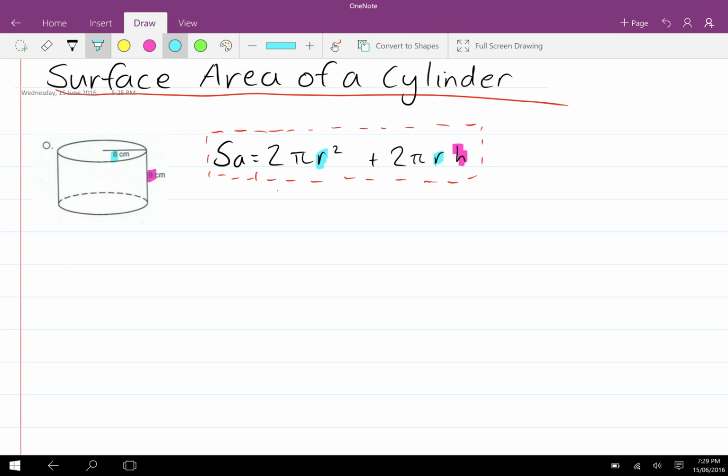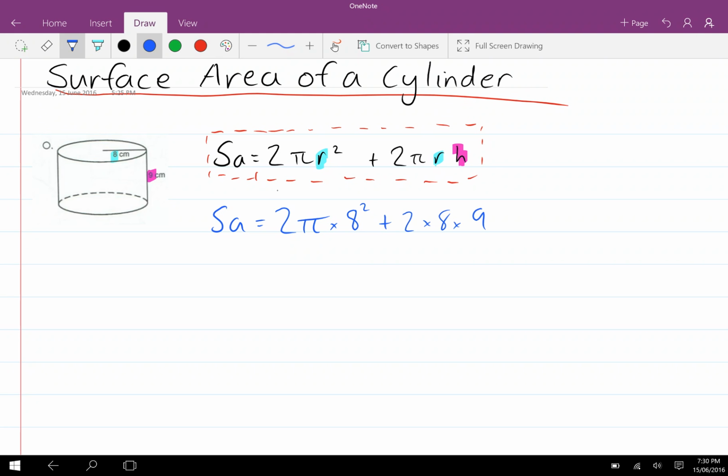All we do is rewrite the formula, but instead of r and h, we have the radius and height numbers from the cylinder. So SA equals 2 times pi times r squared, which is 8 squared, plus 2 times pi times 8 times 9.